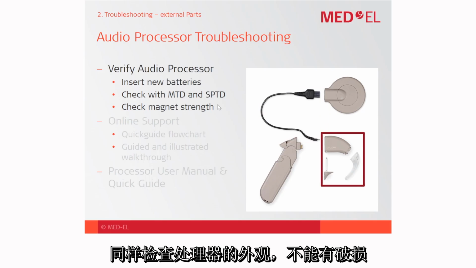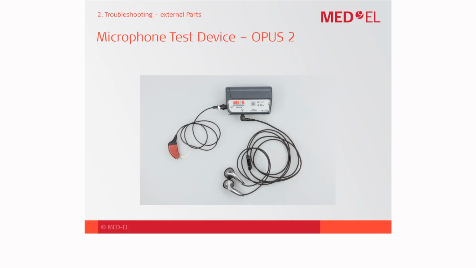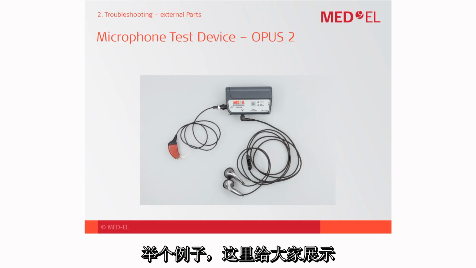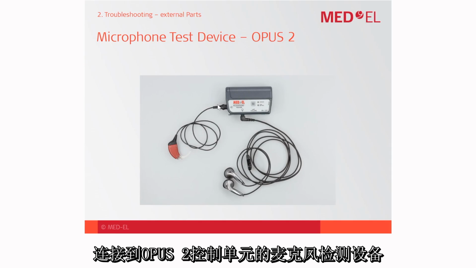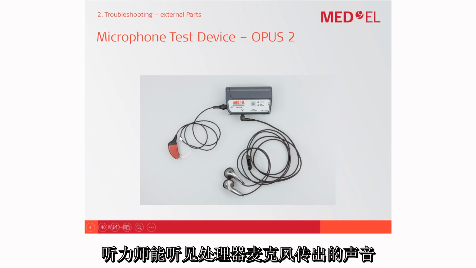Also inspect the processor, make sure that there are no cracks and that the ear hook and the housing are intact. Here I have an example of the microphone test device just connected to the Opus 2 control unit. With this adapter the clinician is able to listen to the microphone signal of the processor.